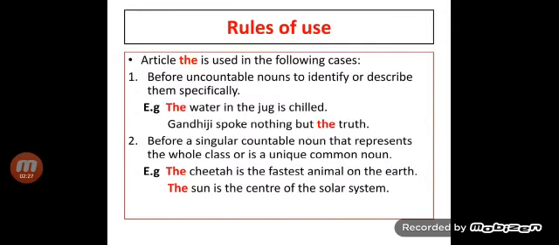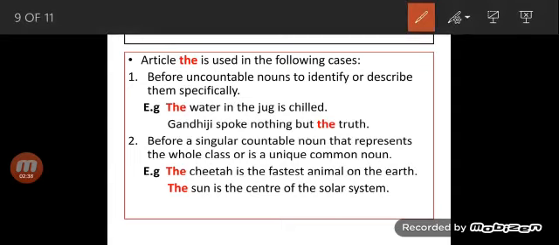Now let's see where we use the definite article the. Rules of use. The article the is used in the following cases. First one, before uncountable nouns to identify or describe them specifically. We use the article the before uncountable nouns, nouns which we cannot count, to identify or describe them specifically.